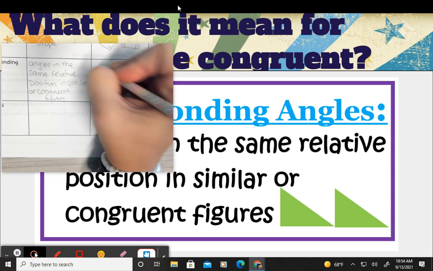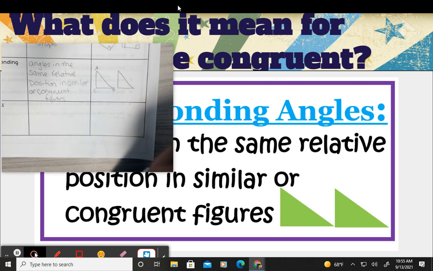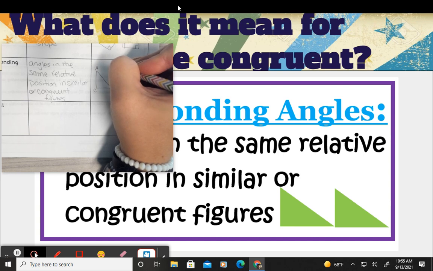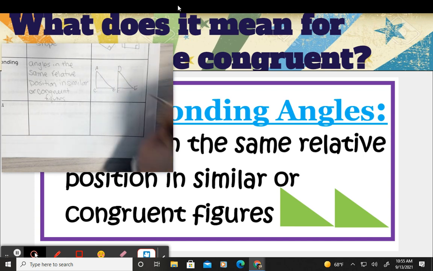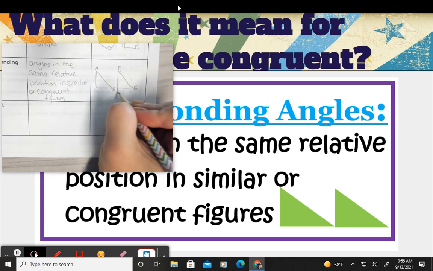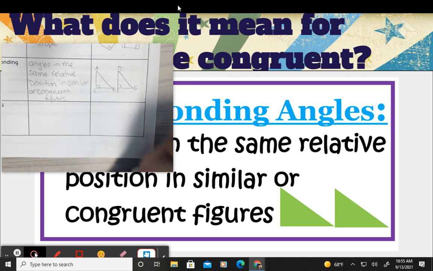I'm going to label this A, B, C. And then I'm going to label this one D, E, F. I'm also going to put a little 90-degree angle symbol there so we know that those are right angles.